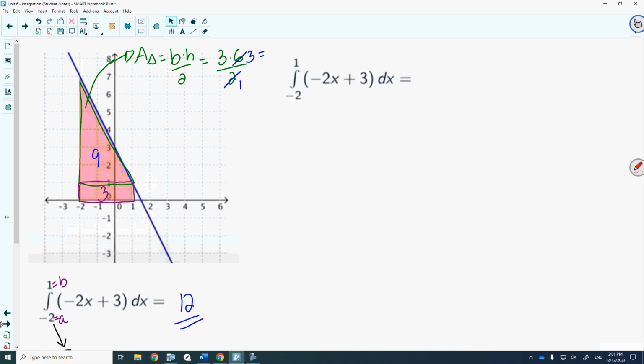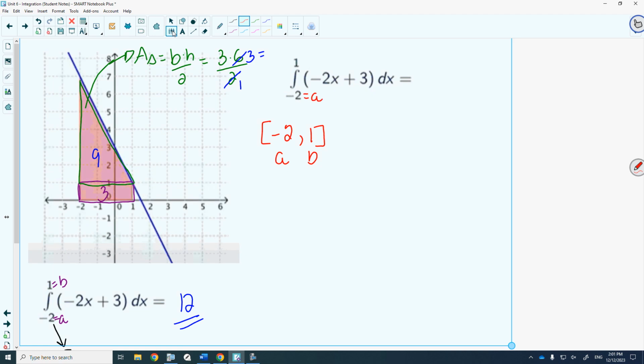I'm going to show you the long method for the fundamental theorem of calculus, and then I'm going to show you the work that I would expect, which is going to be much less than this long method. Okay, so we've got the exact same function that we're evaluating from -2 to 1. So again, -2 to 1. This is a to b. So -2 is a, this is b.